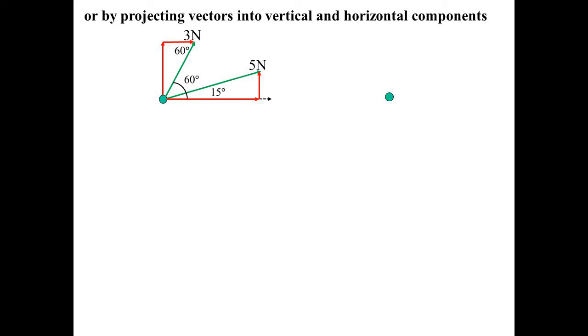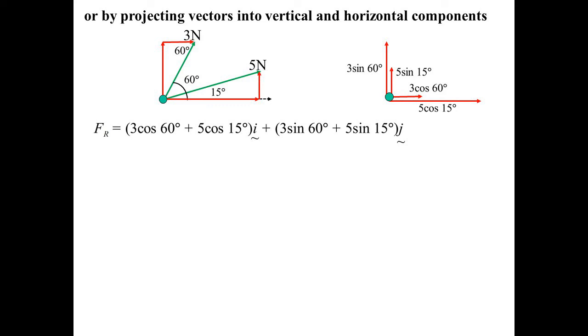So there's my object. Vertically, I now have 3 sine 60. It's opposite the 60 degrees, so it must be sine. So we end up with 3 sine 60. I also have 5 sine 15 going vertically. Horizontally, I'll have 3 cos 60 and 5 cos 15. Pulling those components together, there's my resultant force.